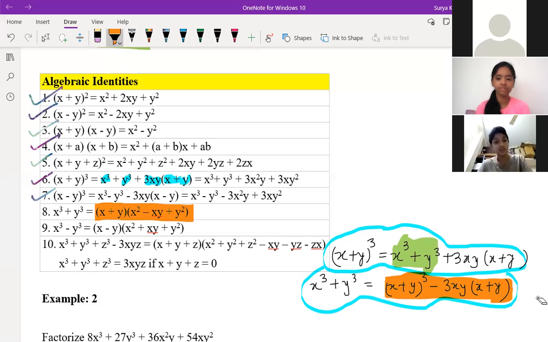How? Here he has written it as x square minus xy plus y square, sir. Here we have replaced it with the (x plus y) whole cube formula, sir. So if you solve this, you'll get the same answer. Can you get the same answer if you solve this one and this one? You'll get the same answer, Sai Charan.